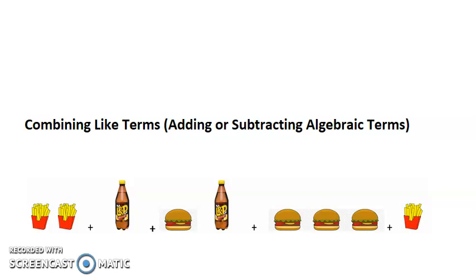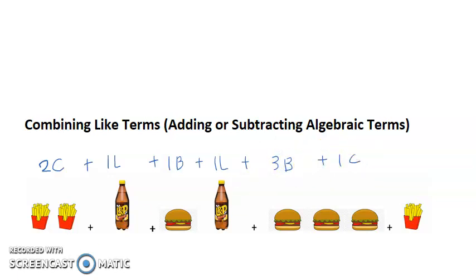So I have 2 chips, and I'm going to use C to represent the chips. Then I have 1 LMP, so I'm going to just use 1L, plus 1 burger, I'm going to use B for burger. And I have 1L for LMP, and 3 burgers, and I have 1 more chip.